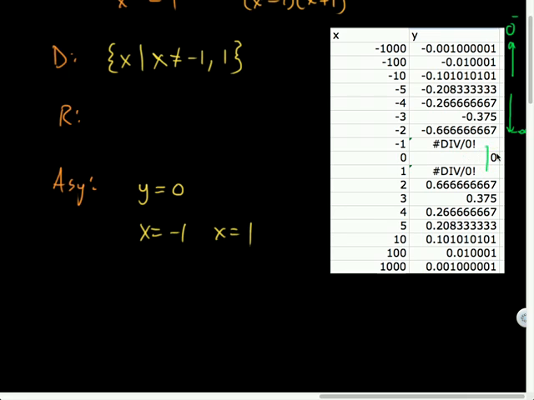But notice this actually. I was about to say that my range was going to not have y ever equal to 0. But there it is, y is equal to 0. So this is one of those situations where it will cross the x-axis there, but the end behavior will still be asymptotic. That's right, I just used the word asymptotic to describe this graph.